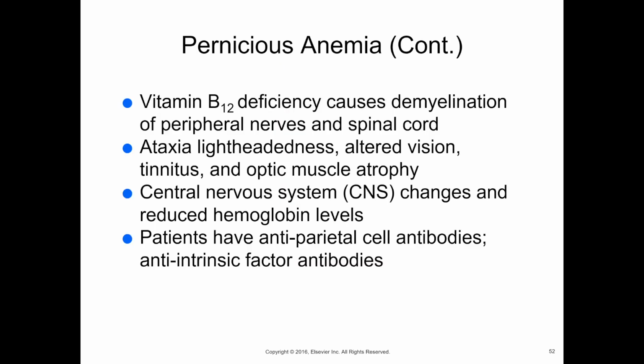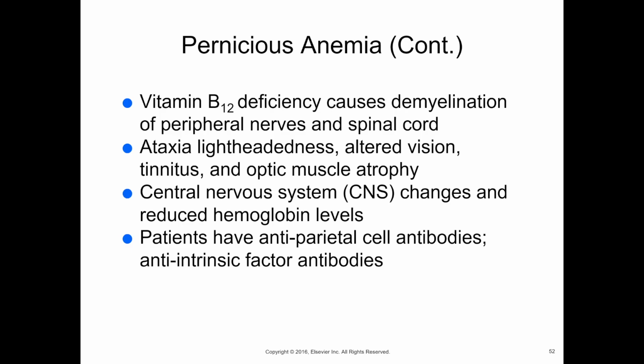Now, what sets B12 apart from other types of anemia is that it commonly affects the peripheral nervous system. It's related to demyelination of the peripheral nervous system. So the person can get muscle atrophy, they can get tingling in the hands and feet, they can get tinnitus, which is ringing in the ear.